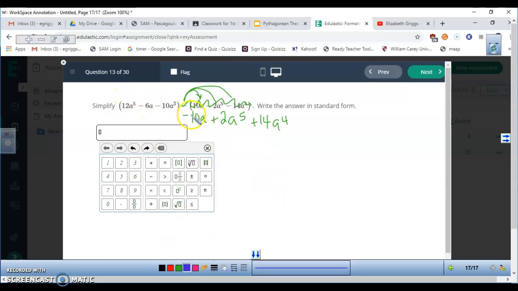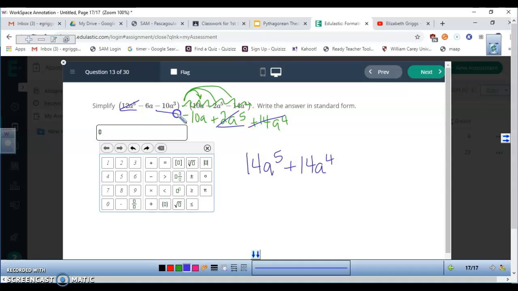So I'll check, I only have variables of a, so I'm going to start with the highest exponent. So I see 12a to the 5th and 2a to the 5th. So that would give me 14a to the 5th. Those are done. Check to see if I have any a to the 4th. I do. I cannot combine it, so plus 14a to the 4th.